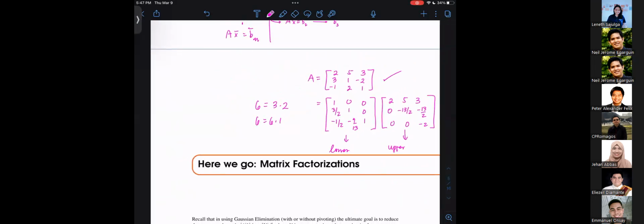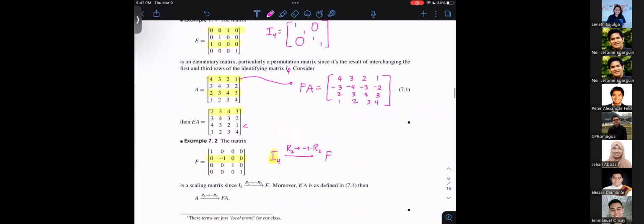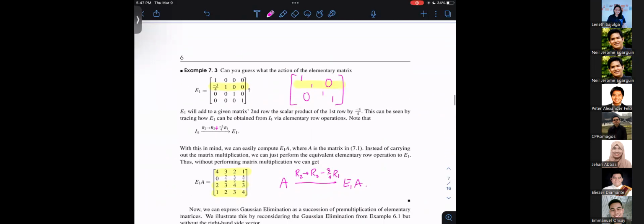All right. But again, there's still one problem with this method. You really need to perform the elementary operations, right? But essentially, if you do this, you only need to do this once. Whenever solving equations involving the matrix A, you don't have to redo the Gaussian elimination.